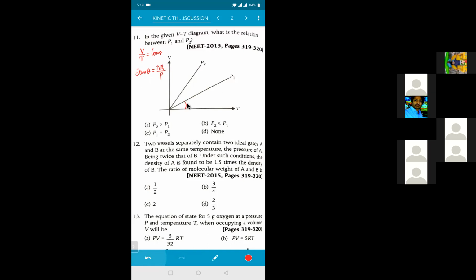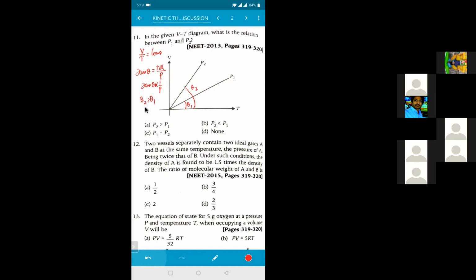So tan theta is inversely proportional to the pressure. If it is making an angle theta 1 here, and this one is theta 2, then tan theta is inversely proportional to pressure. From the given condition, the slope of 2 is greater than the slope of 1, so theta 2 is greater than theta 1.